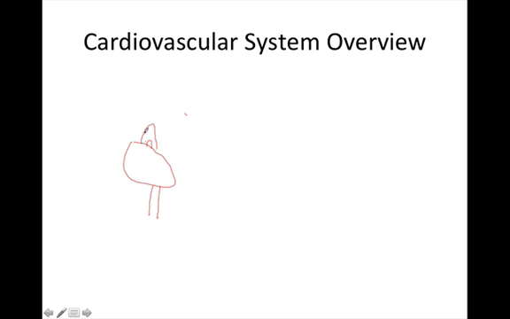All right, and then from there, the aorta is going to branch. The aorta is going to form branches that start to circulate blood to other areas of the body. So basically, what I'm saying here is that we start out with one major artery, the aorta, and then we start to create these smaller distributing arteries, these offshoots of the aorta itself, and then there are offshoots of these distributing arteries.